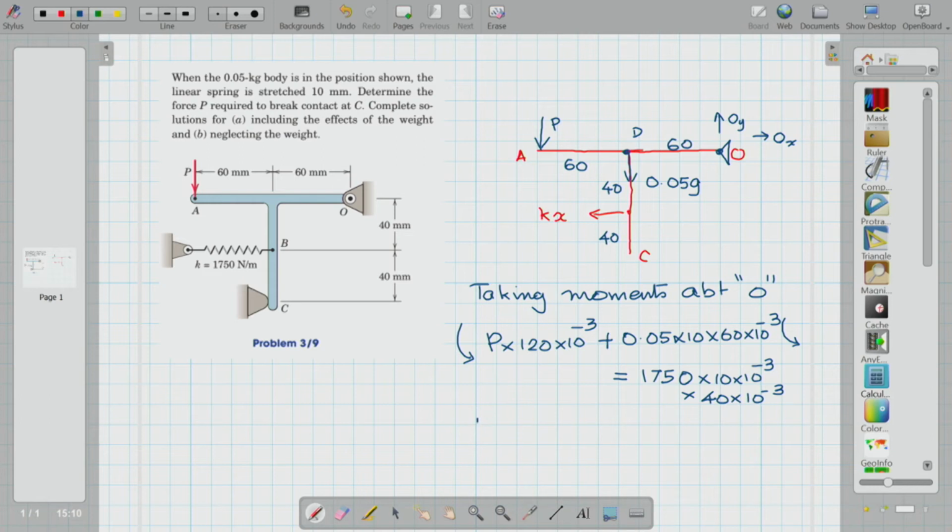Solving this, you get P to be equal to 5.58 Newton. This is for case A.